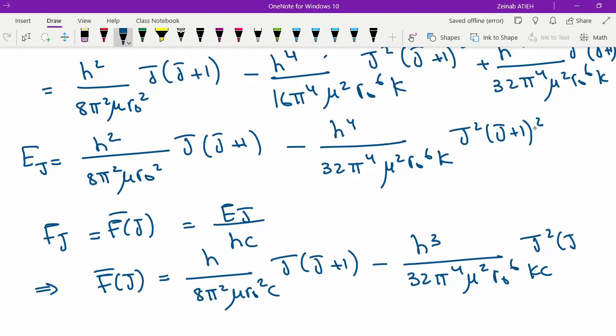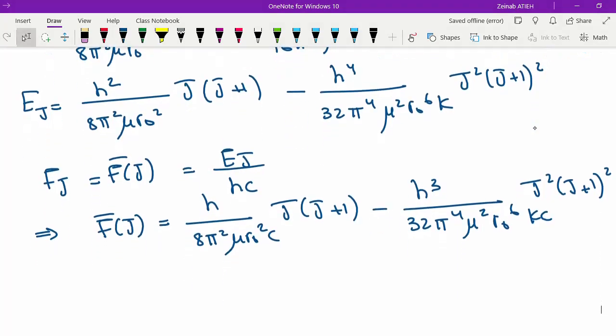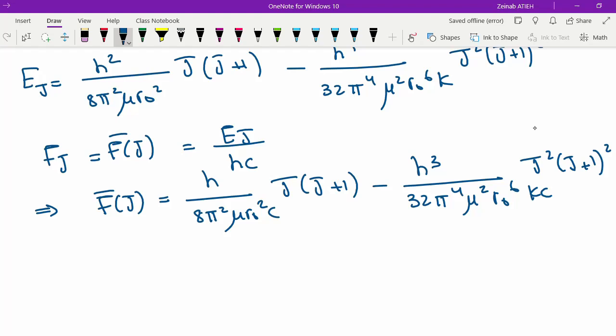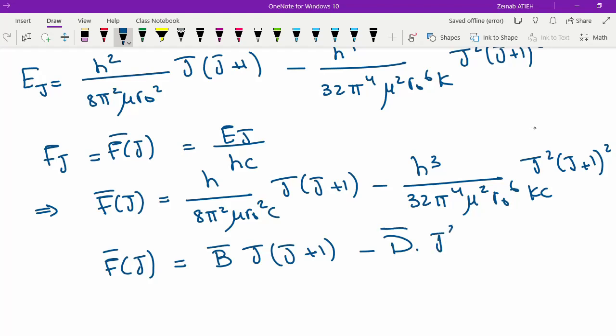So all I have done is just divided by hc. So this is the spectral term for a non-rigid rotor, and it can be written this way. Fj is equal to B bar, which is the rotational constant, j (j plus 1), minus D bar, the centrifugal distortion constant, j squared (j plus 1) all over squared.